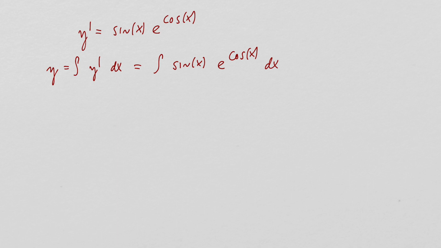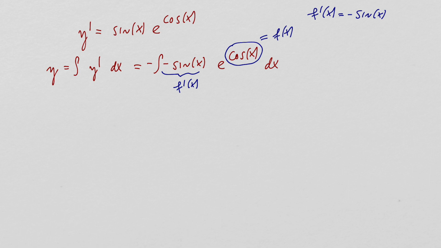In the right hand side, we can recognize that if we have some function f here, its derivative would be minus sine of x. Let's add here two minus signs. In that case, this will be the derivative of the function.